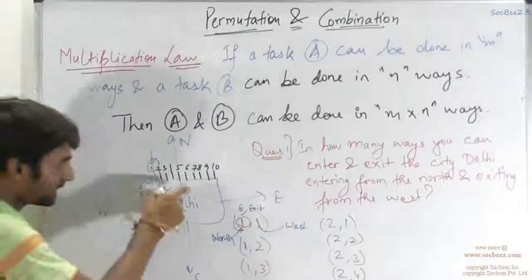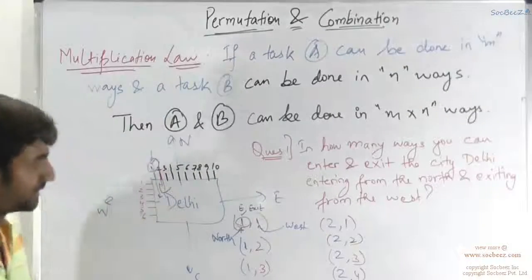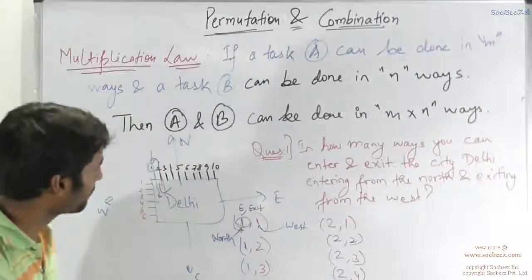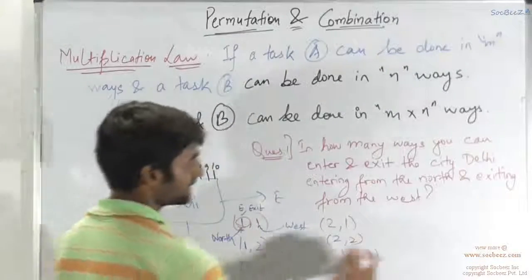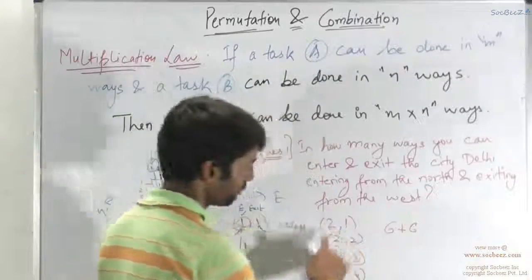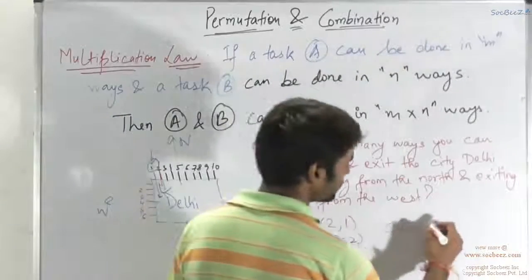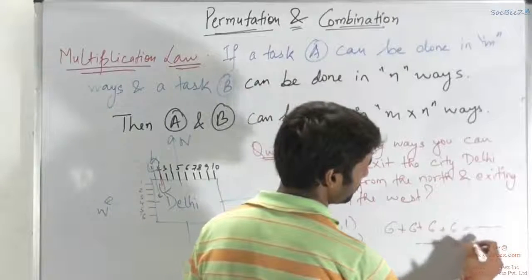That is, for each and every entering gate, you have 6 corresponding exit gates. And how many entering gates do you have? That is 10. So this would be 6 for entering gate number 1, plus 6 for gate number 2, similarly 6 for third, 6 for fourth, and this would be 10 times.